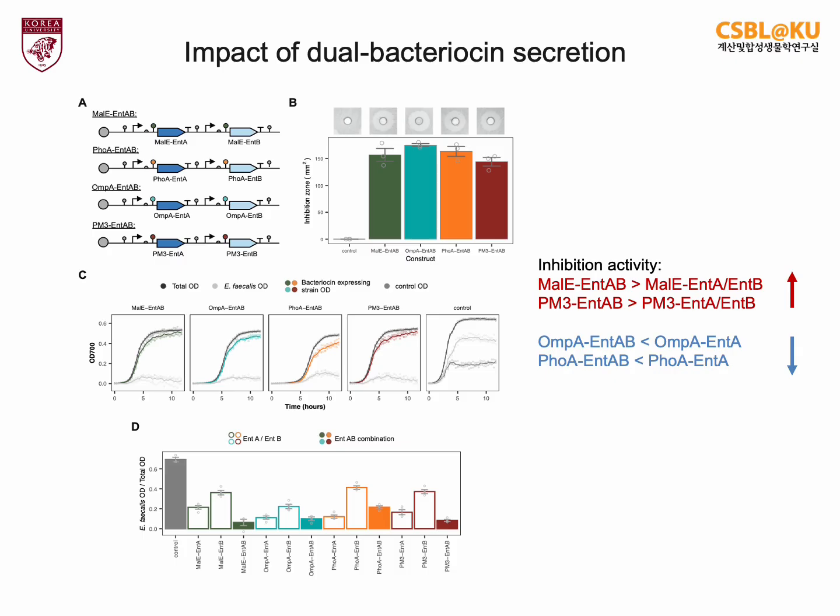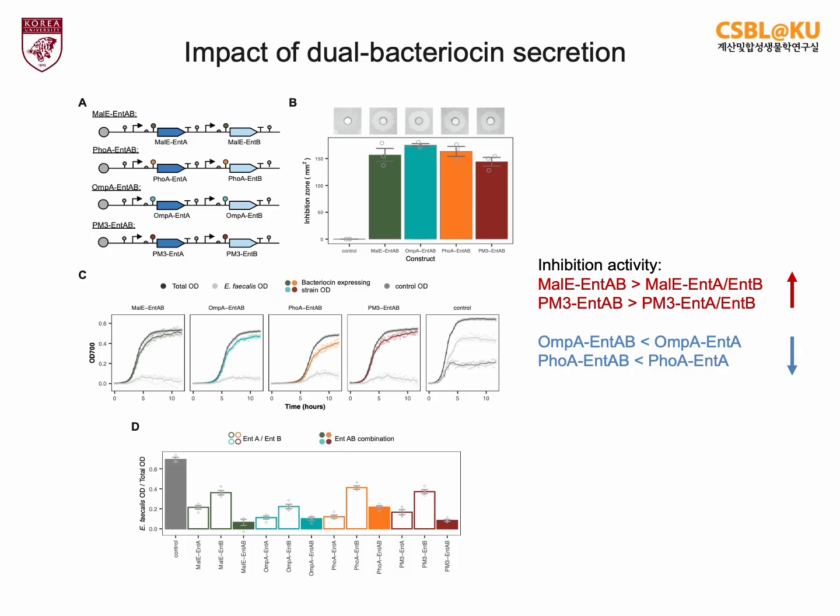They engineered 4 strains co-expressing Ant A and Ant B with the same secretion tags using their plasmid system, as illustrated in Figure A. The co-culture assays demonstrate that Ant AB expression improves the inhibition activity against Enterococcus faecalis with the secretion tags MAL-E and PM3 compared with individual Ant A or B counterparts.